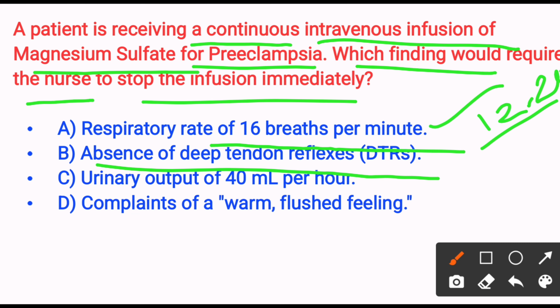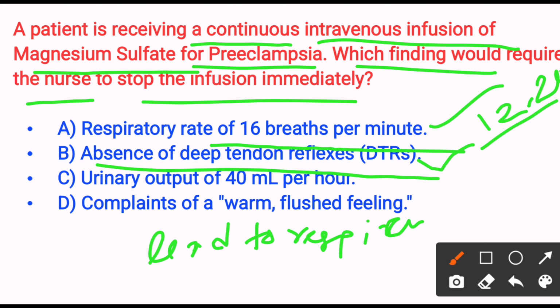When the absence of deep tendon reflexes occurs, this is an early clinical sign of magnesium toxicity. If the infusion continues, it can lead to respiratory paralysis and cardiac arrest.